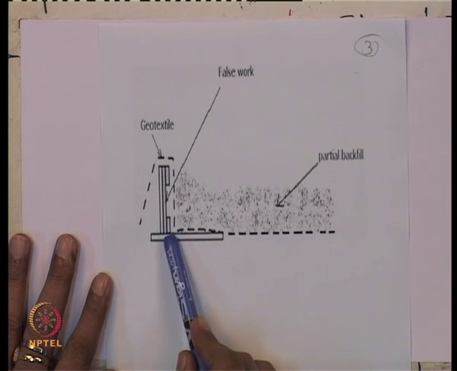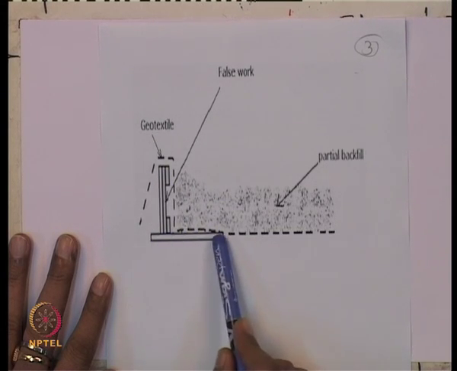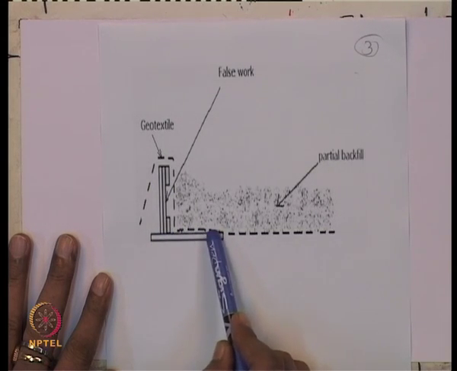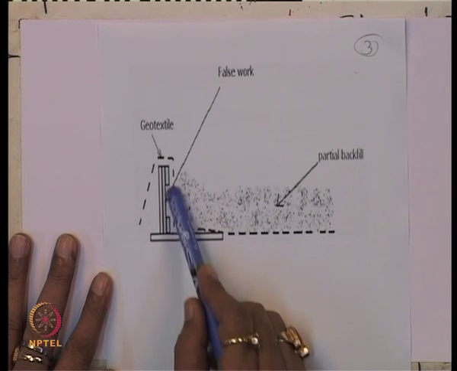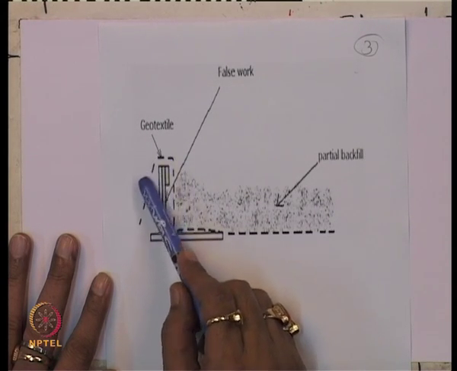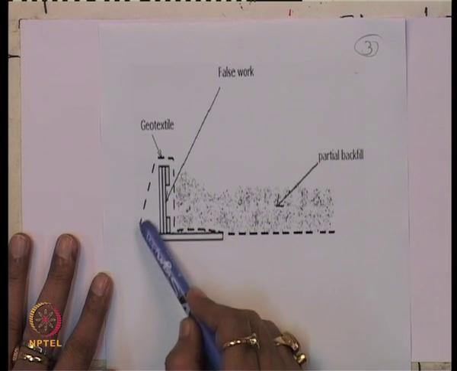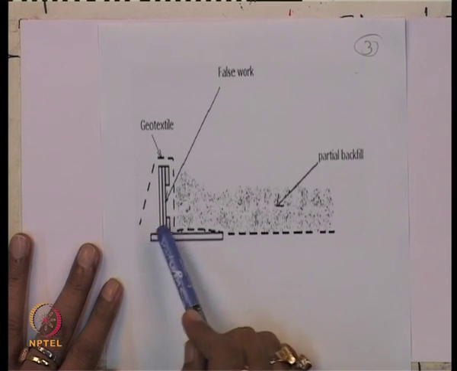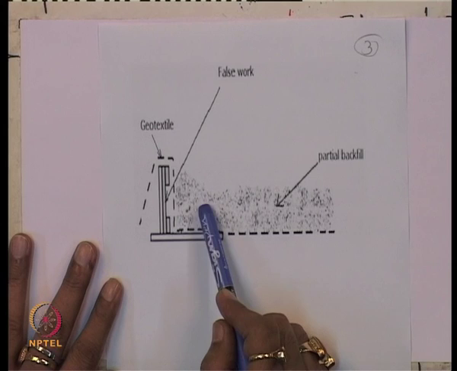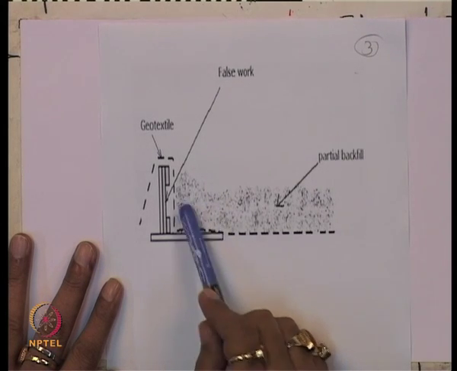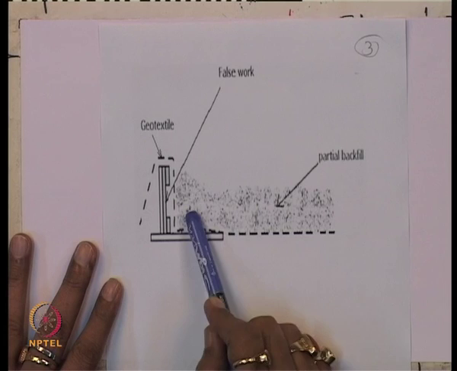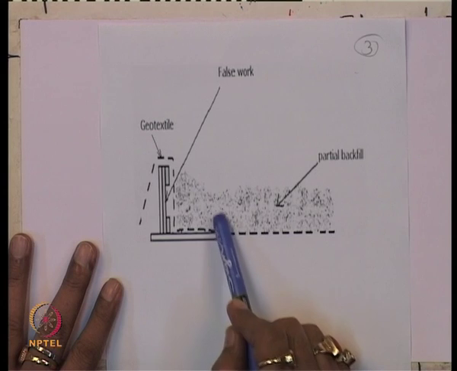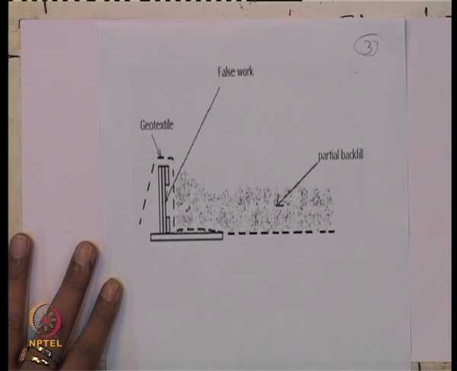This is an L shaped wooden form placed along the length of the wall, and the geotextile of around 1 meter hangs behind this form. So, this is the first stage, and then you have to fill up with the soil and compact it to the desired height.